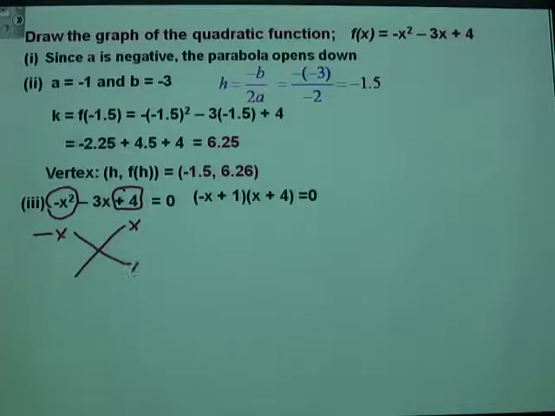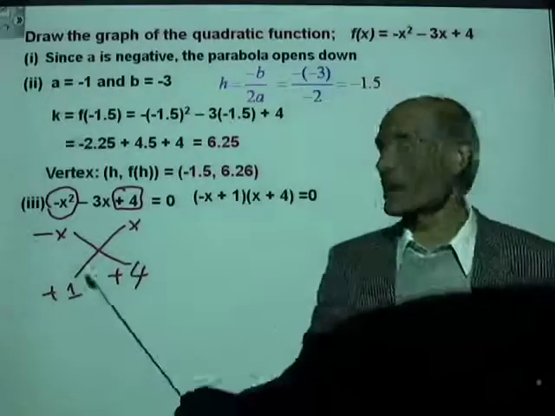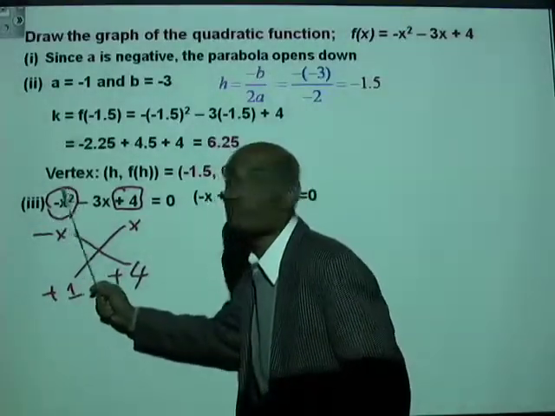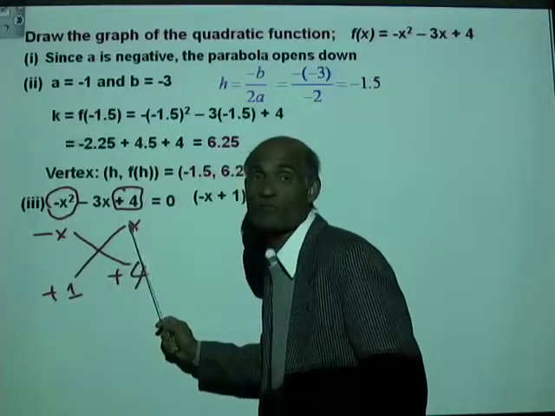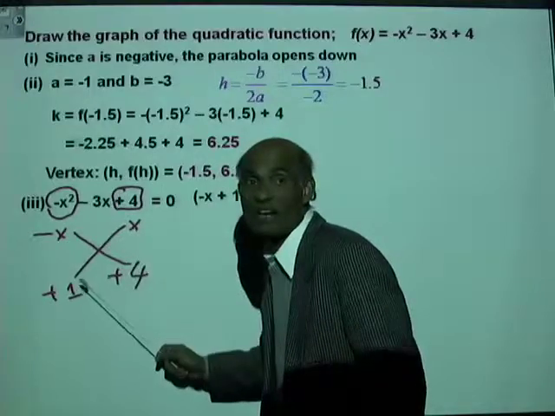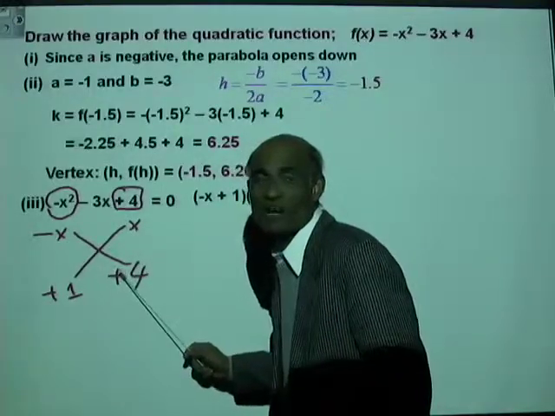I'm going to factor it as plus 4 times plus 1. The reason why I have put this cross is that I have factored the first term, negative x times positive x, and the last term is factored as plus 1 times plus 4.